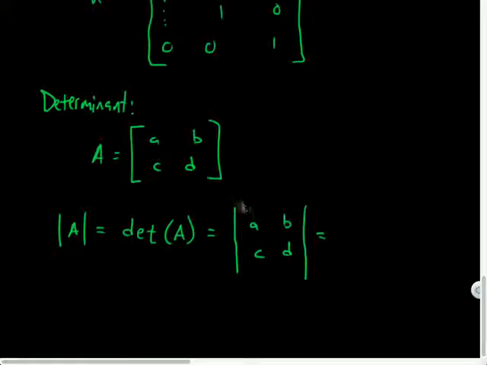I want to point out that there's a huge difference between this and this. This, with the little brackets, represents a matrix. The determinant, we're going to find out, is equal to a single number. This isn't a perfect analogy, but if I talk about a square or a rectangle, you have the idea of it as a shape.